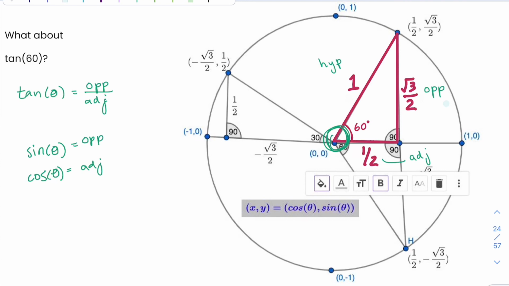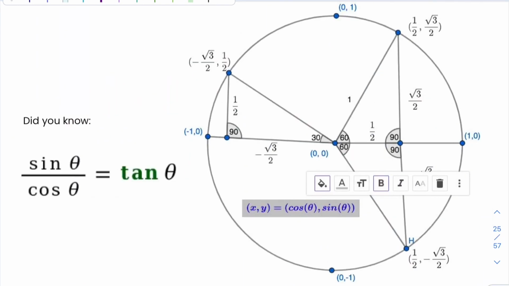So that's going to go away. So sine of theta is opposite. Cosine of theta is adjacent. So notice that tangent is going to be opposite, which is sine of theta, over adjacent, which is cosine of theta. So this is something I want you to add to your notes, that tangent of theta is equal to sine of theta over cosine of theta.